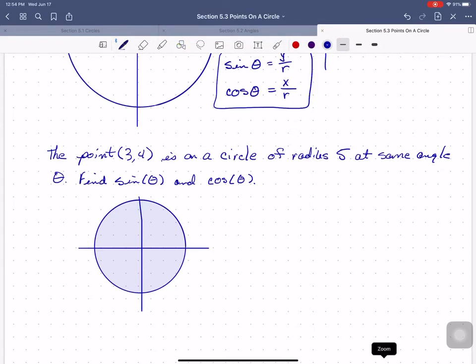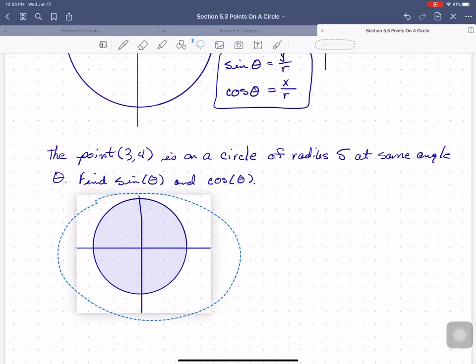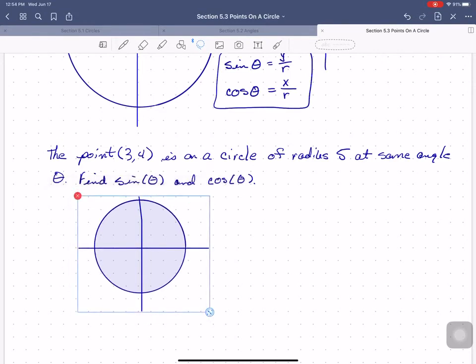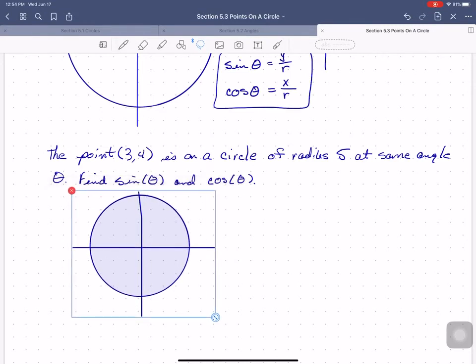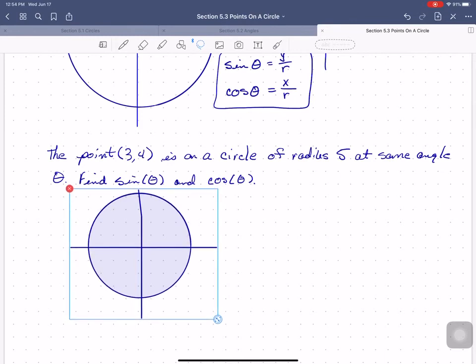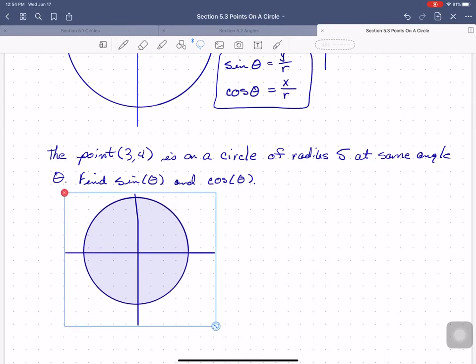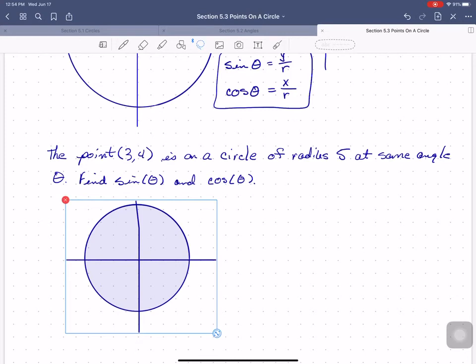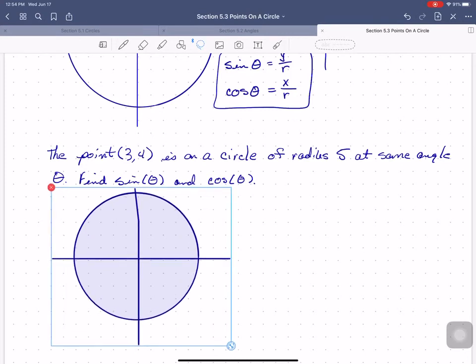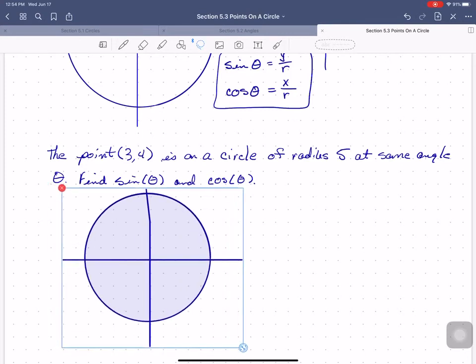and we sketch our point (3, 4). 1, 2, 3, 4. Okay, let's see. 1, 2, 3, 4, 5.